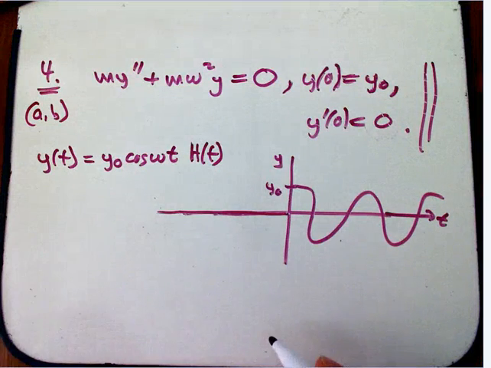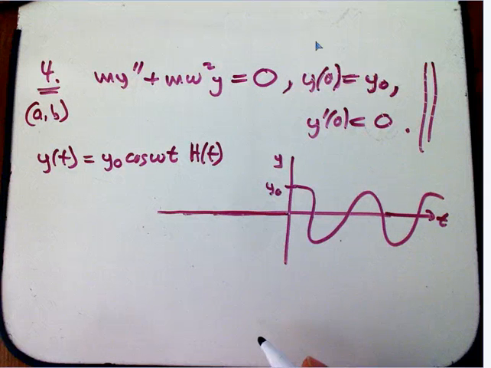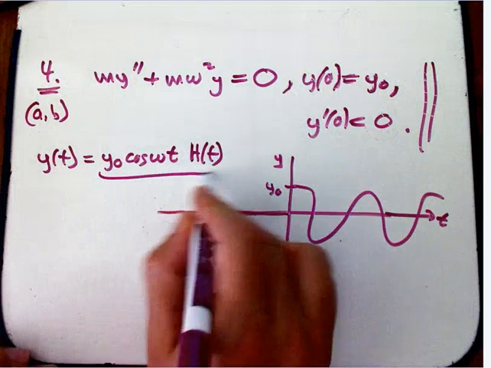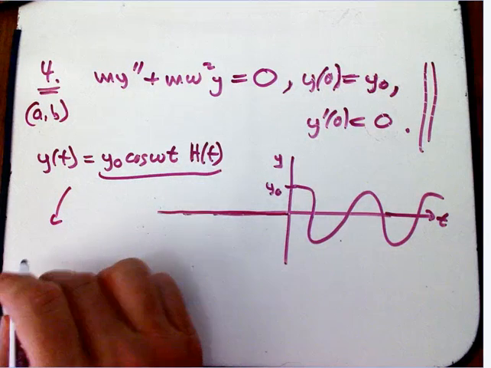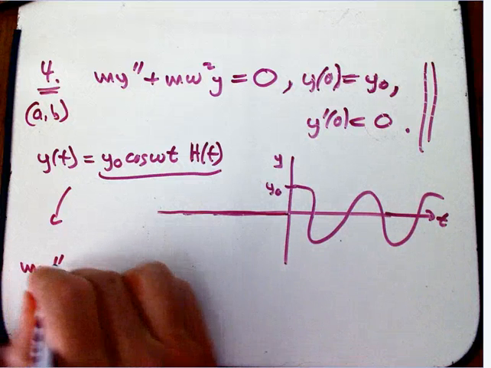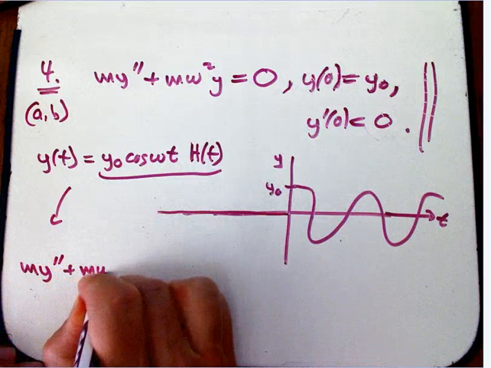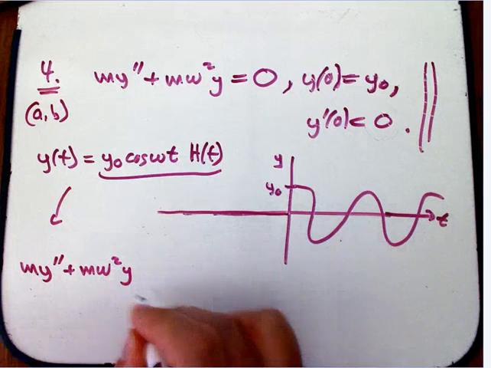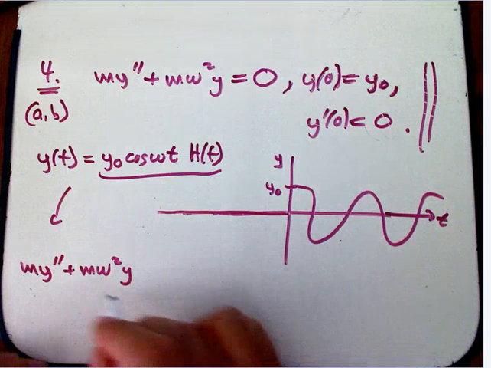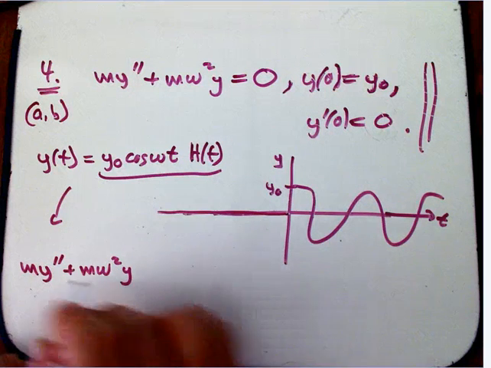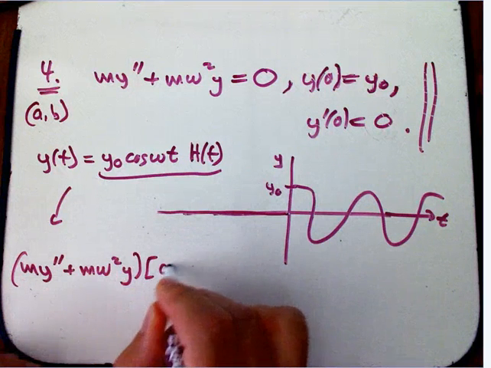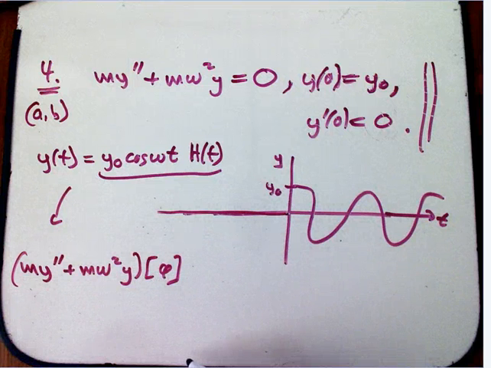Okay, so how is that going to show up as a distribution? Well, let's take this and plug it into my double prime plus m omega squared y, and then see what happens when we hit that against the test function phi.